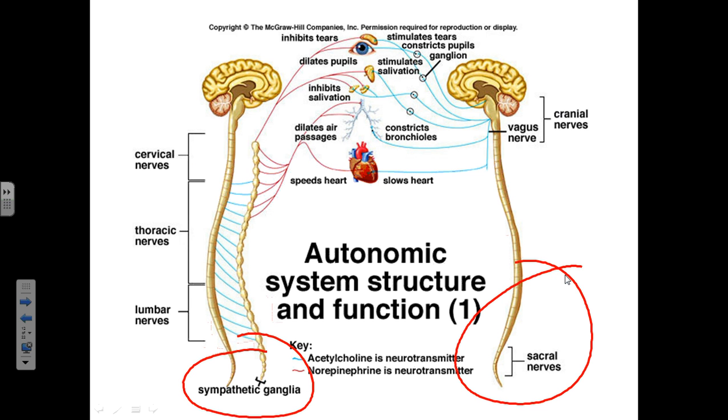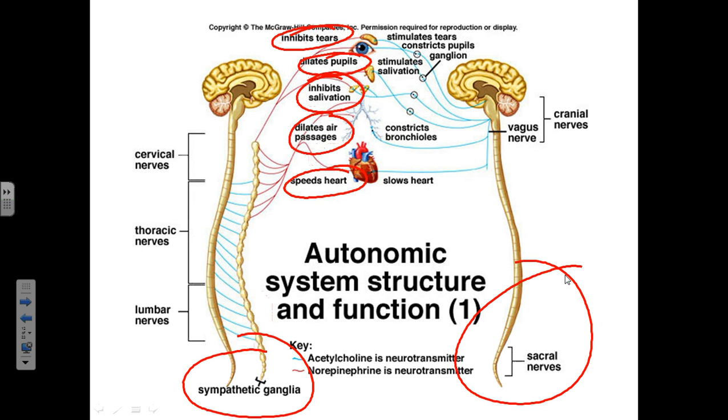Notice when the sympathetic neurons stimulate the heart, it speeds up. When the sympathetic neurons stimulate the airways, they dilate. When they stimulate the salivary glands, they inhibit the formation of saliva. When they stimulate the pupils, they dilate. When they stimulate the tear glands, tears are inhibited.